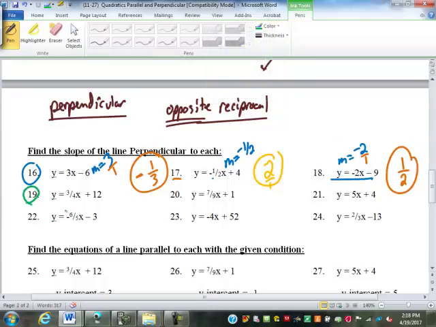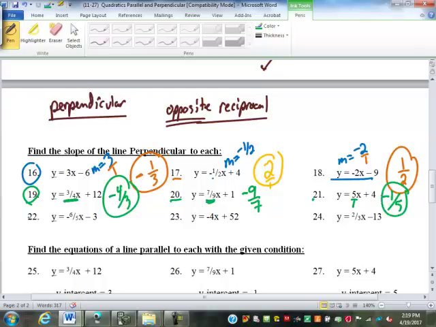Number 19, the slope of this one is 3/4, so the perpendicular would be -4/3. Very good. 20, the slope of this one is 7/9, so the perpendicular would be -9/7. Very good. 21, this is a slope of 5, so the perpendicular would be -1/5.